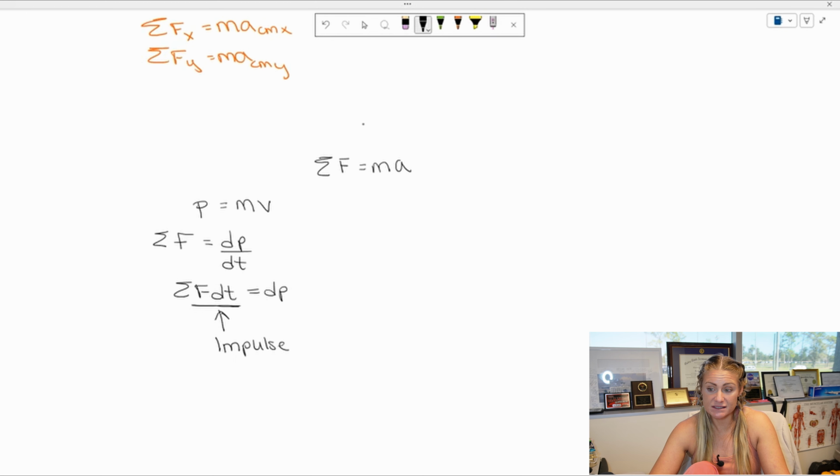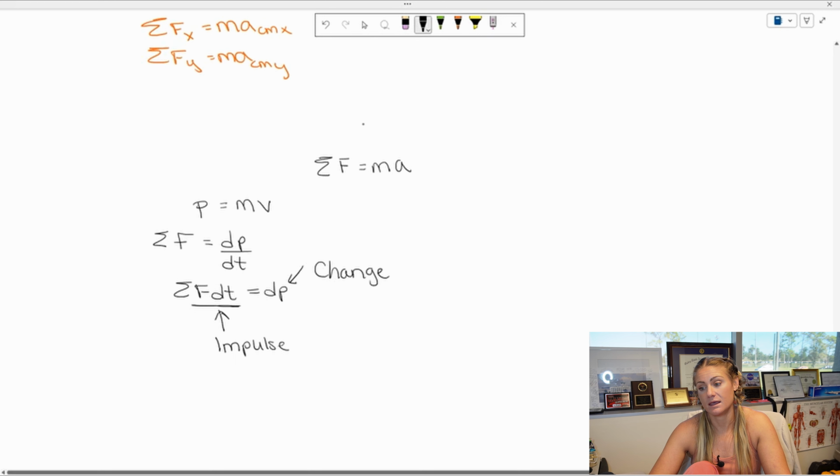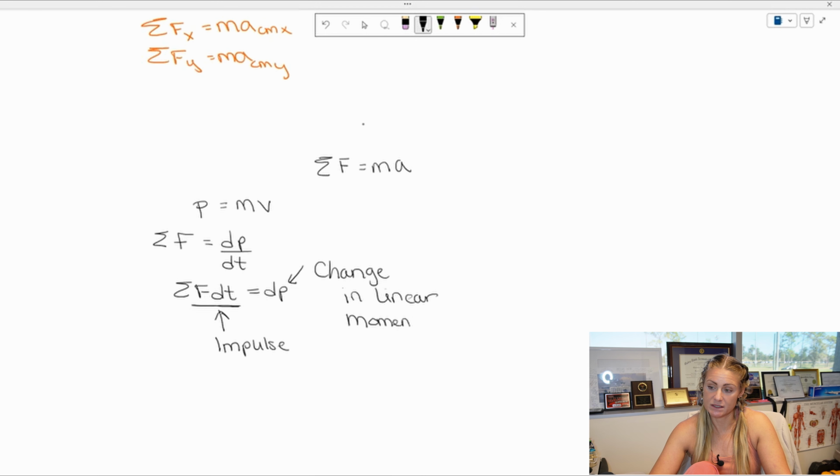And on this side, we just have the change in momentum, the change in linear momentum. So this is the impulse portion of it.